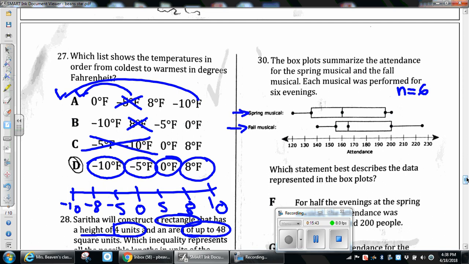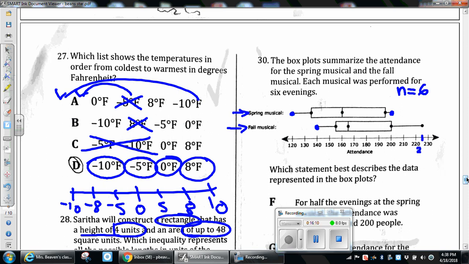Before looking at the options, some things that I can see are that for the spring musical, the range is from 120 to 200, so if we subtract, 200 minus 120, we get 80. I also know that for the fall musical, the range, well, we can see exactly what it is.